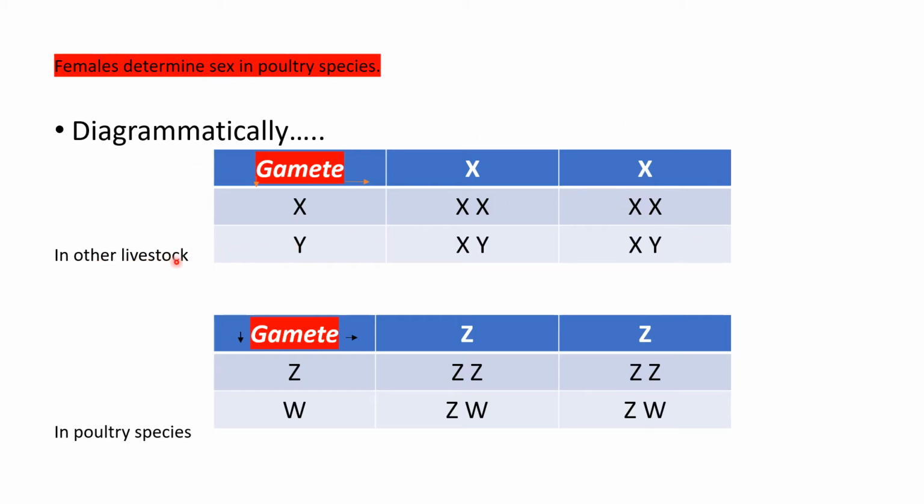This is in other livestock, where you see the male and the female. It is the male that determines whether the offspring are female or male. This is reversed in poultry species. Here is the female, and this the male. It's the female that determines whether the chicks are male or female.